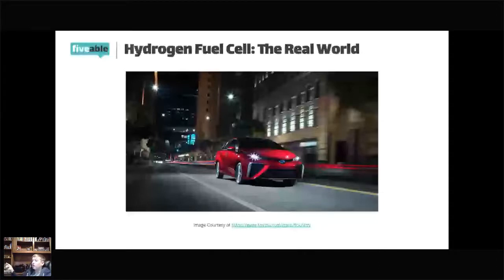They started their program in LA and Tokyo. So they put free hydrogen fueling stations around those cities, especially in Santa Monica and LA. And what they did is you bring your car, you fill it up for free, you're done. It really takes as much time as filling your car up with gasoline.